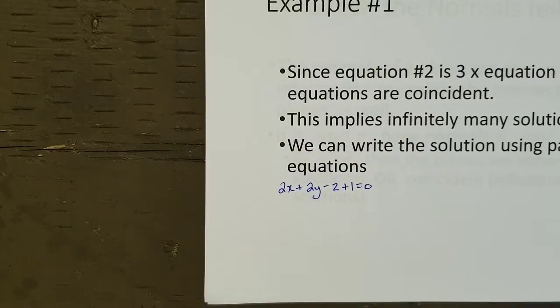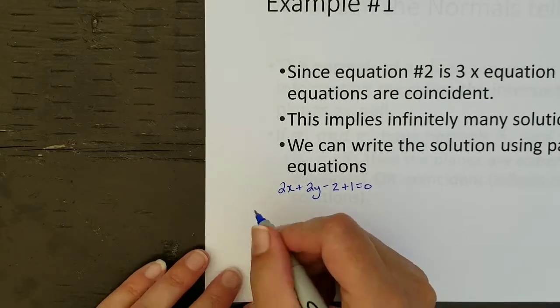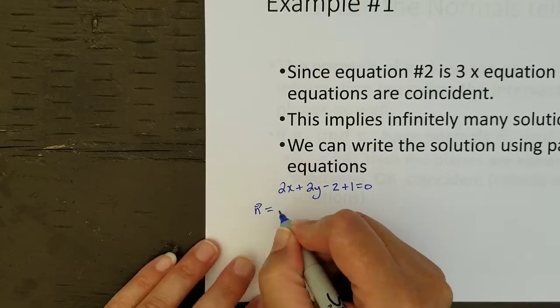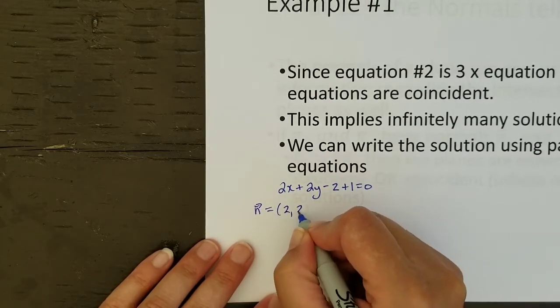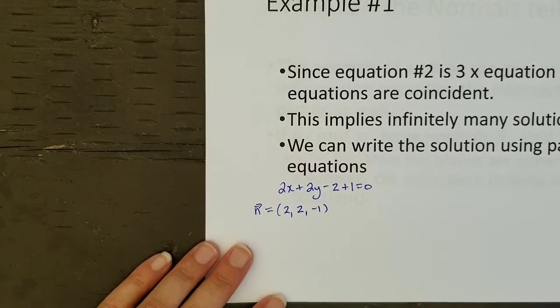So my Cartesian equation of the intersection here was 2x plus 2y minus z plus 1 equals 0. So the normal here is 2, 2, -1. So what we need to find is any vectors.